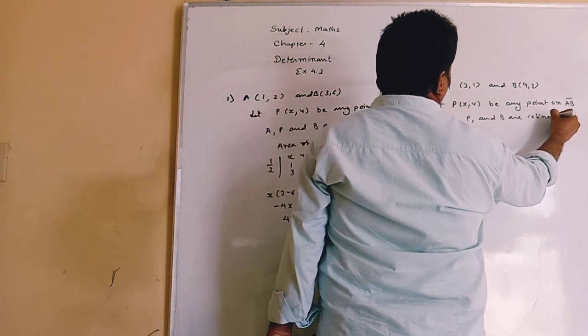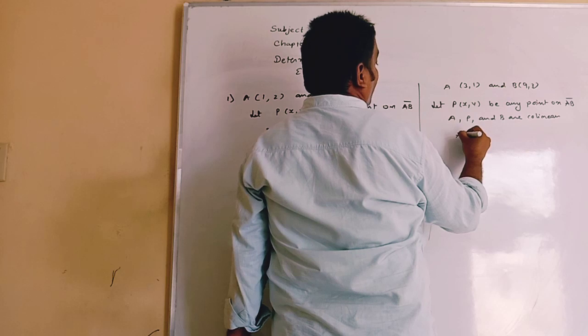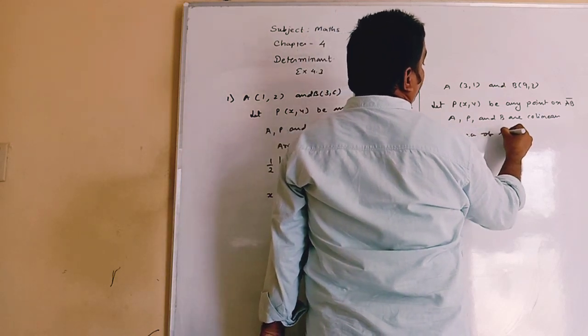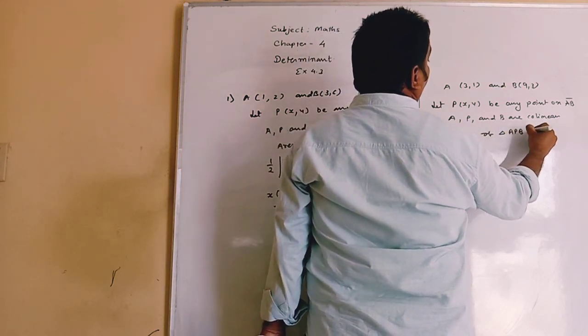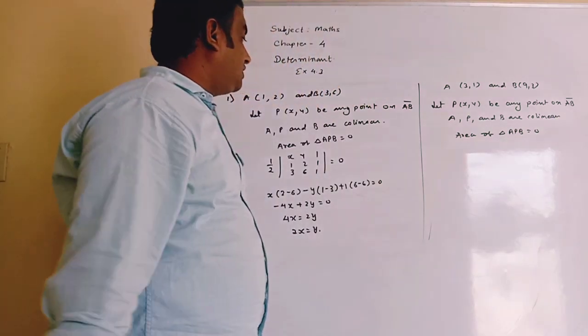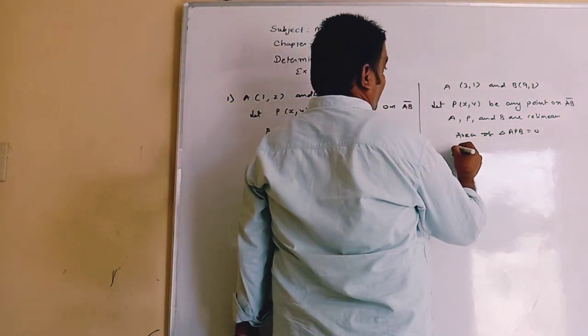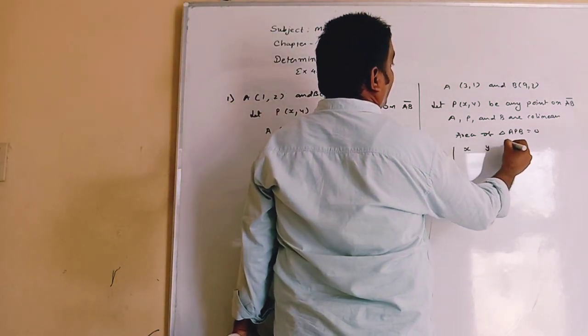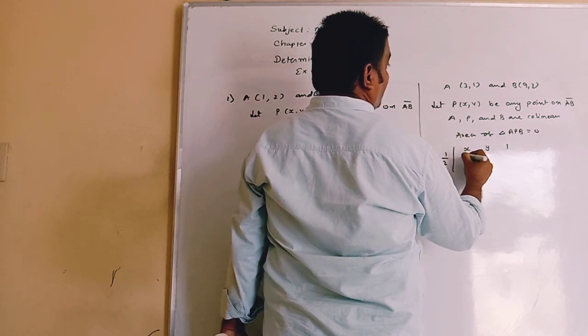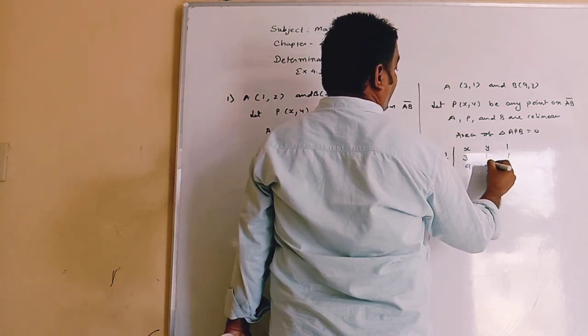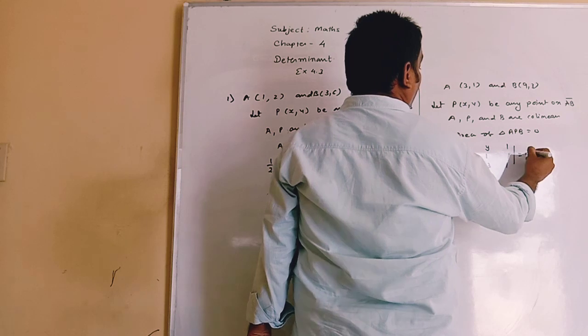As they are collinear, the area of APB will be 0. As area of APB equals 0, we can write that the determinant |x y 1; 3 1 1; 9 3 1| equals 0.